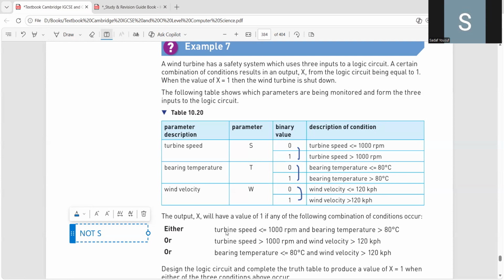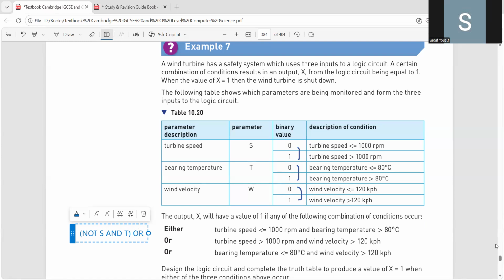You look for the value in the table, and you know that S 0 means this is the representation of turbine speed less than or equal to 1000 RPM. So you simply wrote not S. And then you will use the word and because of this and in between. Bearing temperature greater than 80 degrees is T equals 1. So you will simply say and T. Any questions? We have simply converted this, and then we have it all.